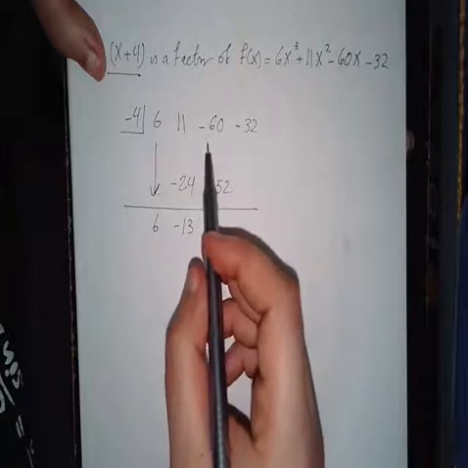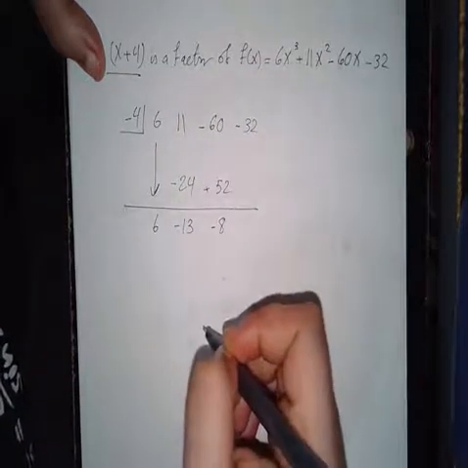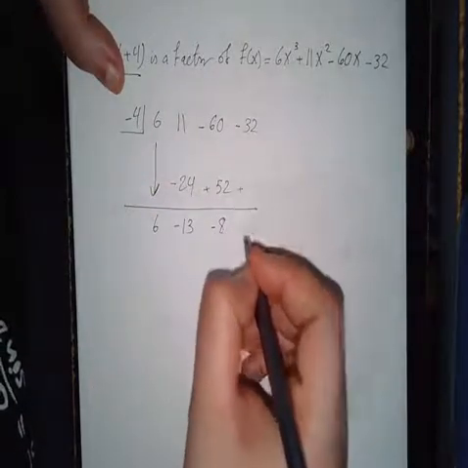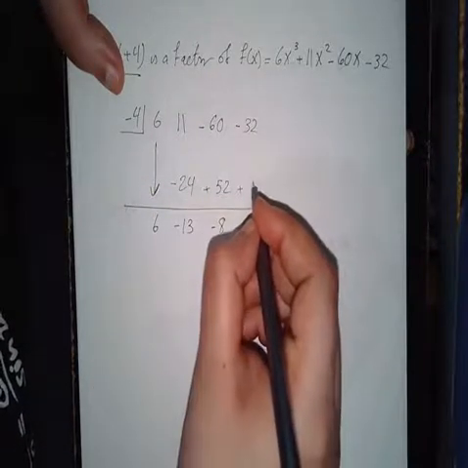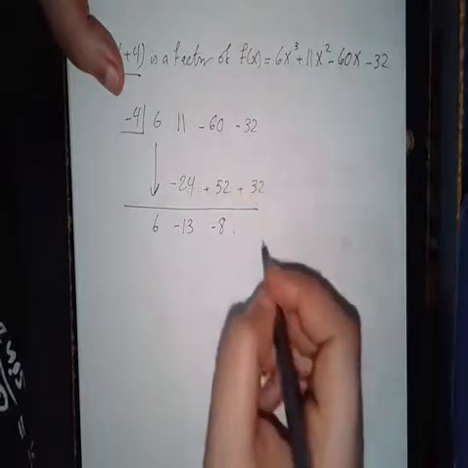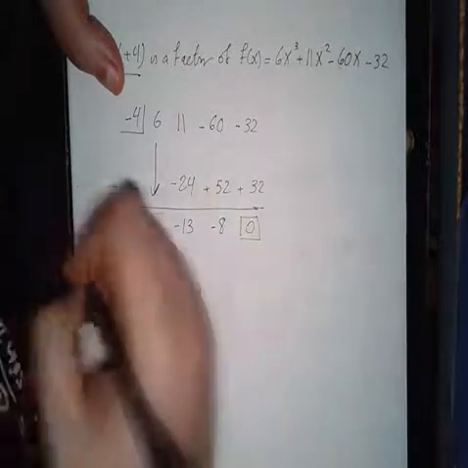So negative 60 plus positive 52 is going to give you a negative 8. And again, negative 8 times negative 4 is going to be a positive, and 8 times 4 is 32. Positive and negative 32 added together is going to give you the remainder of 0.